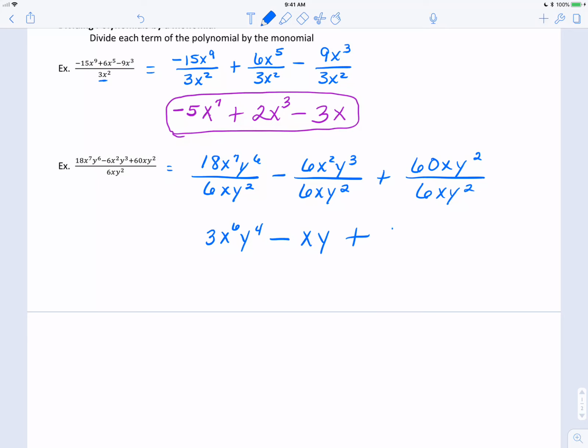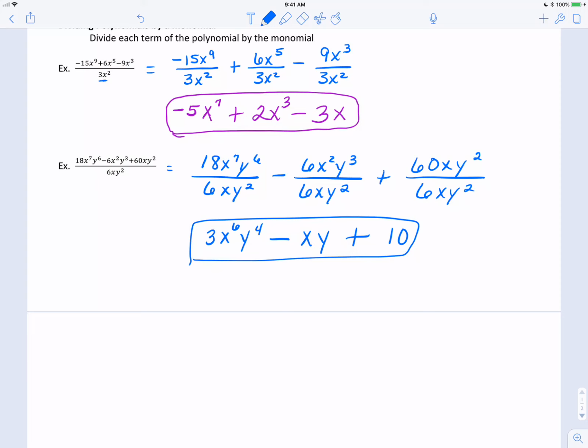Plus 60 divided by 6 is 10. X divided by x is 1. So 1 times 10 is still just 10. And then y squared divided by y squared is also 1. So 2 minus 2 is 0. So remember, anything to the 0 power becomes 1. So there is your final answer.